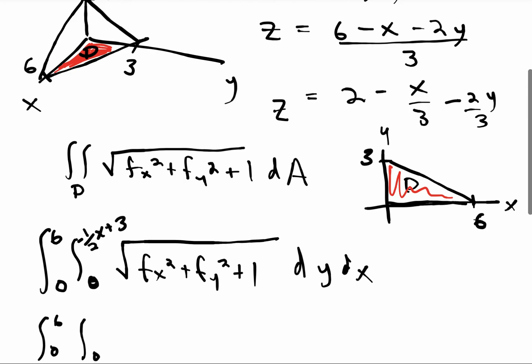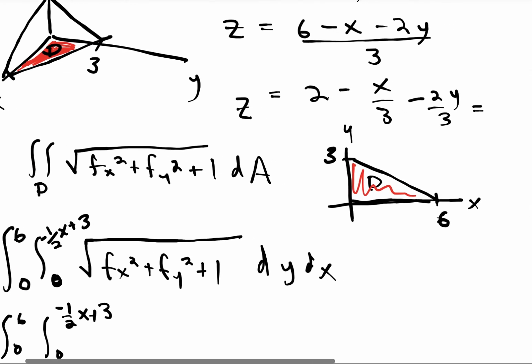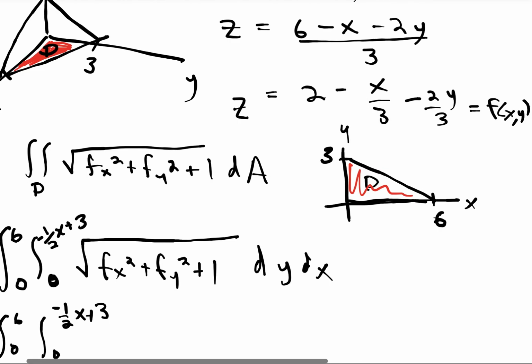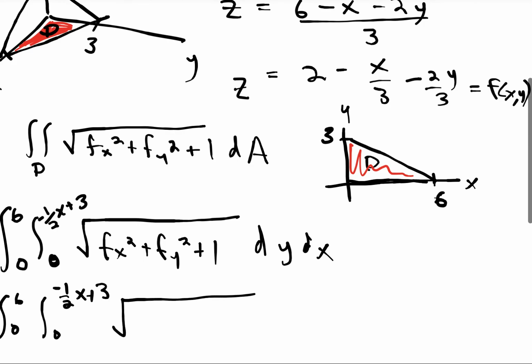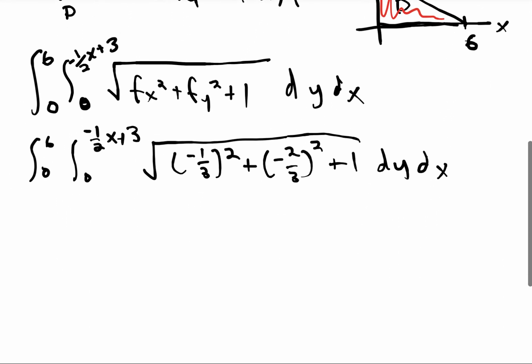Okay, so if I do that, what function was I looking at in the first place? Well, this thing is what I'm treating as my f of x, y over here. So this plane was where I wanted to pull my partials from. If you take your partial of that with respect to x, we're getting just -1/3. If you take your partial of that with respect to y, this is -2/3. And then I have to tack on a 1. So the rest of this is going to be mostly algebra for us.